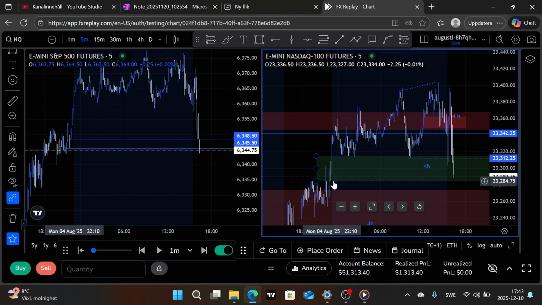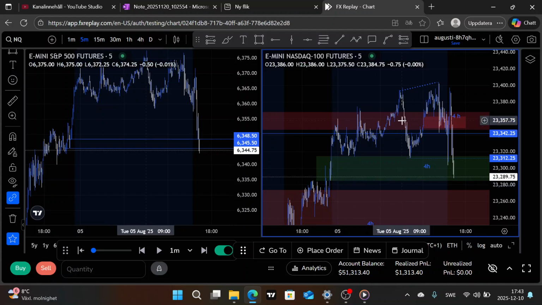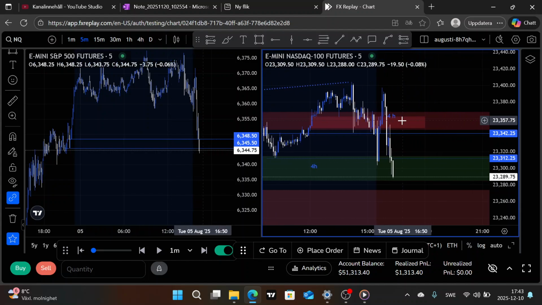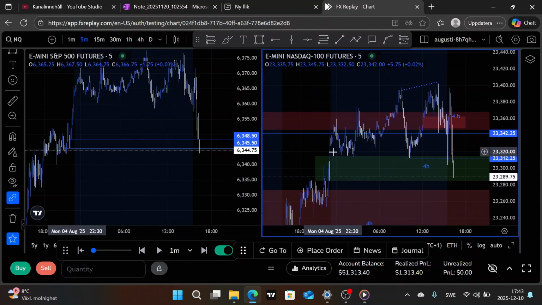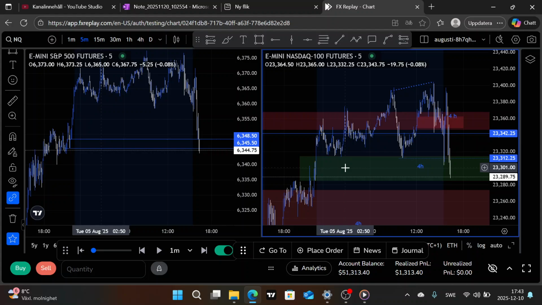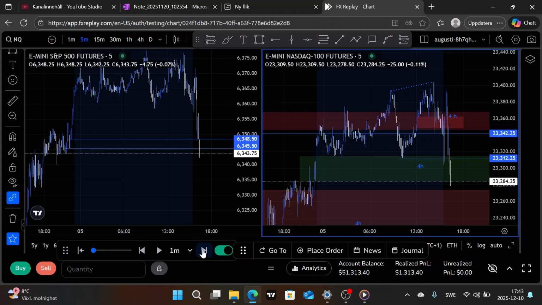I may be out of my mind completely. Don't understand. So I'm waiting for these fair value gaps at least. If this fair value gap gets disrespected, then I expect the price to be bearish.